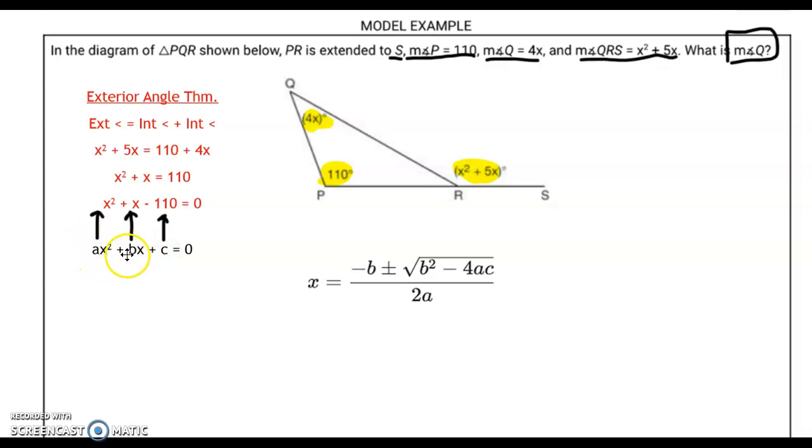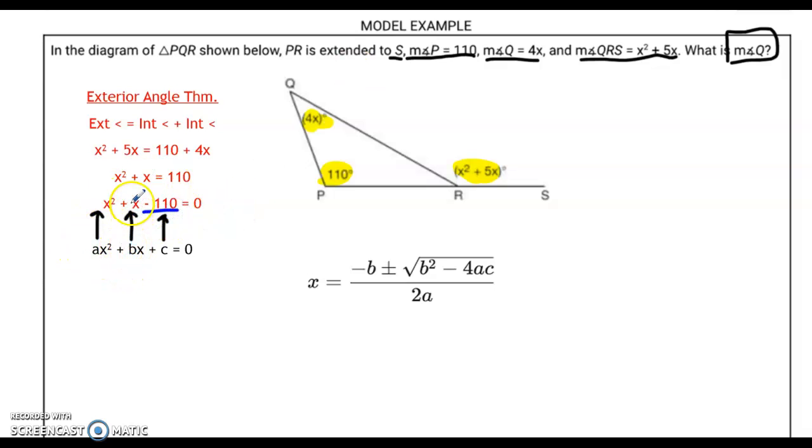So the a, the b, and the c are actually the numbers, or the coefficients in this case, of x squared and x, which means we have to identify what number is supposed to be here, what number is supposed to be here, and what number is supposed to be here. The c is very straightforward. The c value in this case is just 110, or sorry, negative 110.